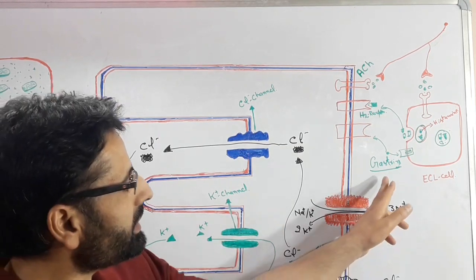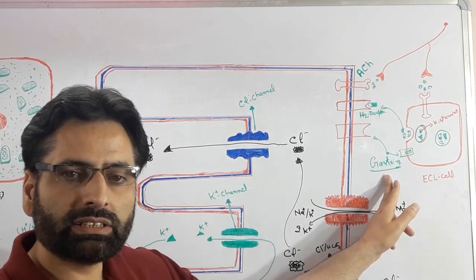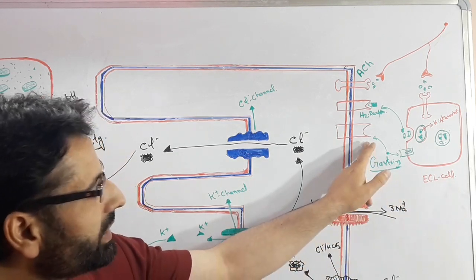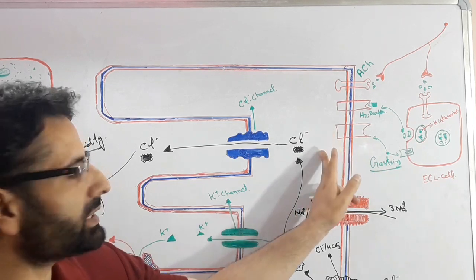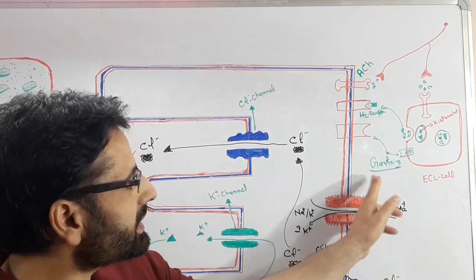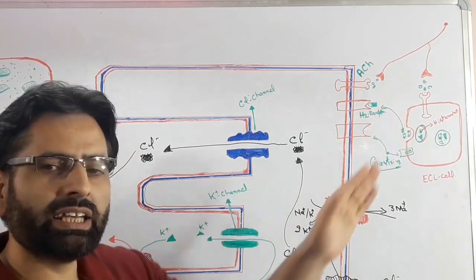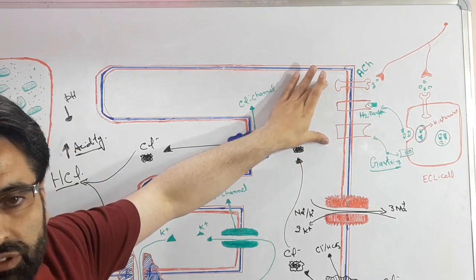Similarly, gastrin, released by the endocrine cells in the gastric gland, has a receptor in the basolateral region and stimulates the cell to release hydrochloric acid. This is the direct pathway, where gastrin and acetylcholine directly bind the receptors in the basolateral region.